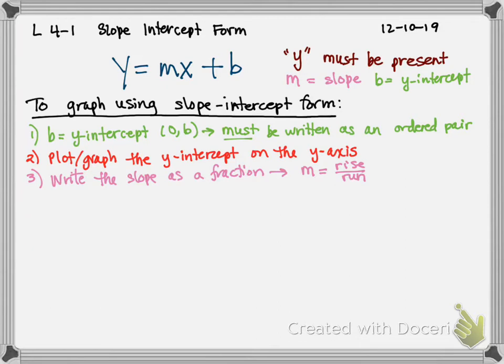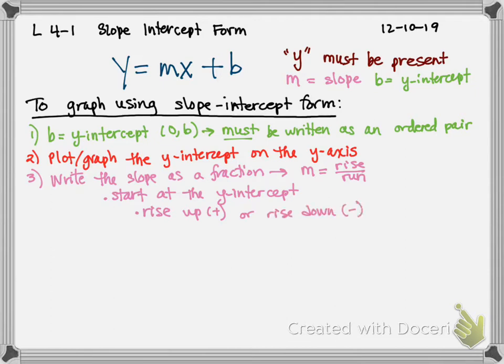Okay? So we're going to start at the y-intercept. We don't go back to the origin. We start from the point we know is going to be on our line. We're going to rise up if our number is positive, or rise down if our number is negative.